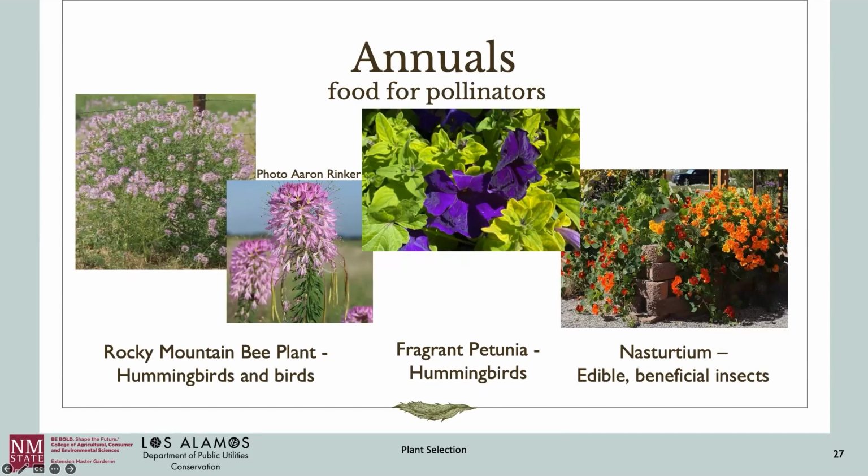It's a wild one though, right? So it seeds wherever it wants. It can be 6 foot tall. It can be 2 foot tall. I just let it do what it wants because I don't have a formal garden, but there will be some at the demo garden next year. Petunias and nasturtiums. You can eat nasturtiums.